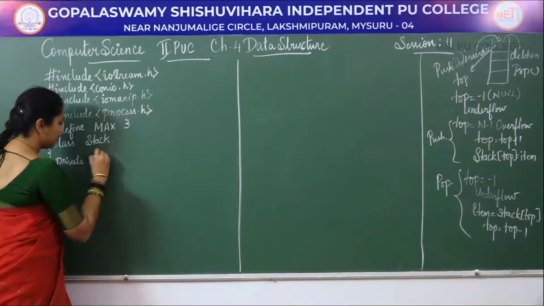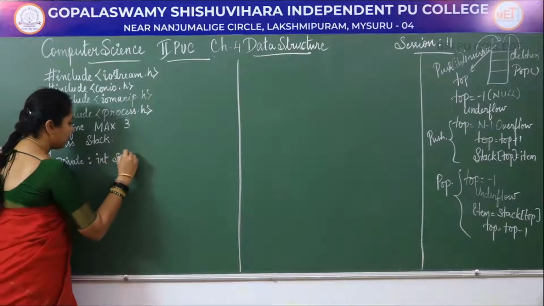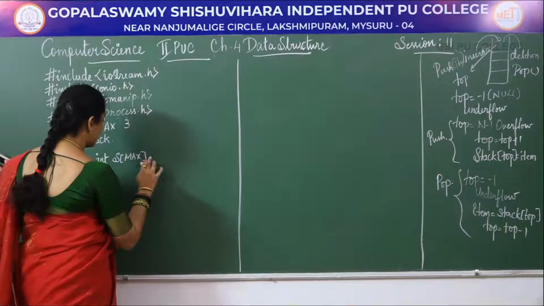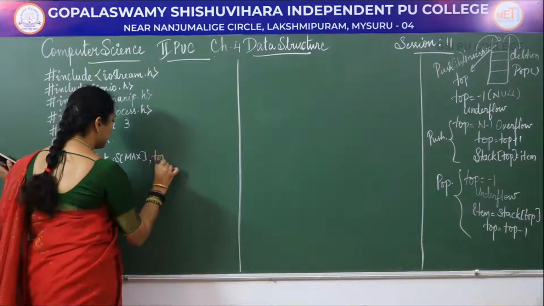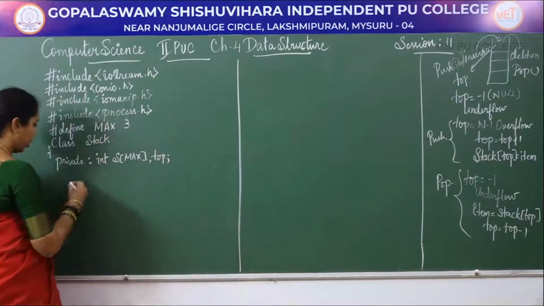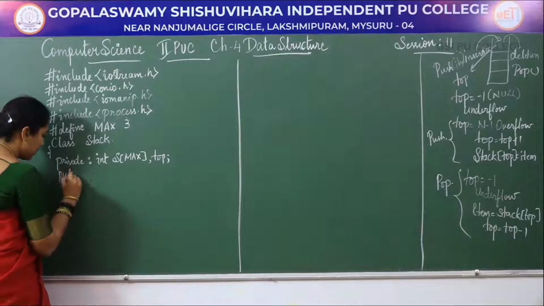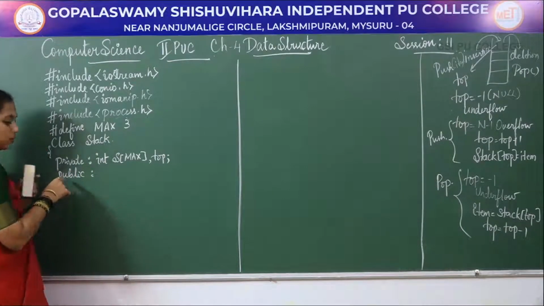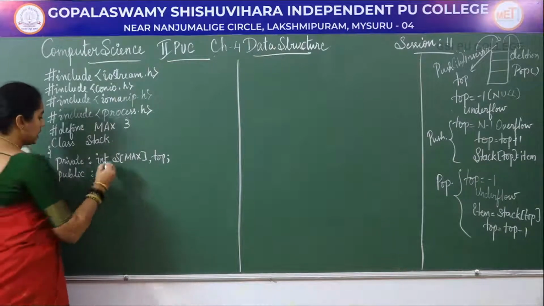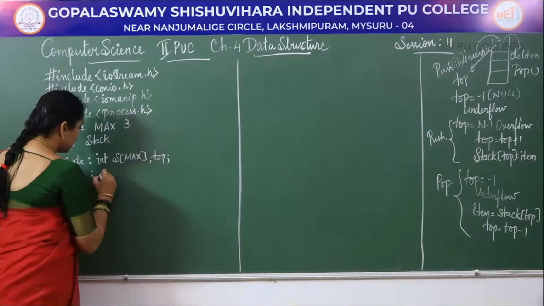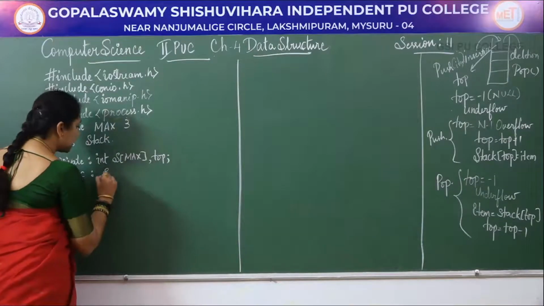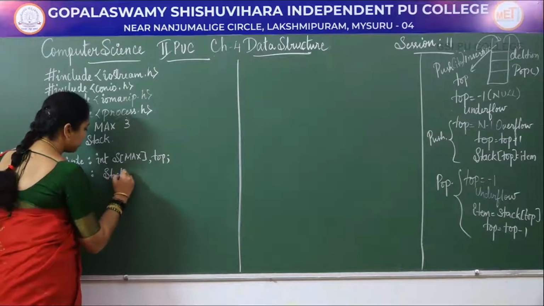Int s of max, that is, stack of size maximum, and the variable called top. In the public section, P should be a small letter. I am going to use the default constructor called stack function.